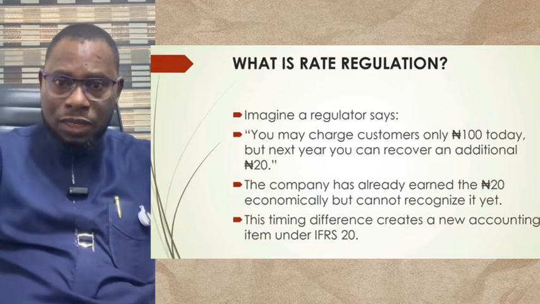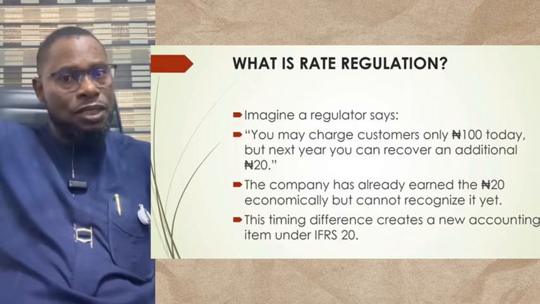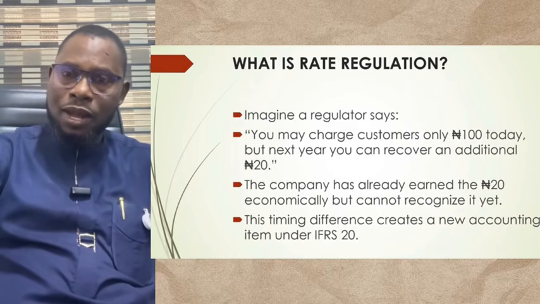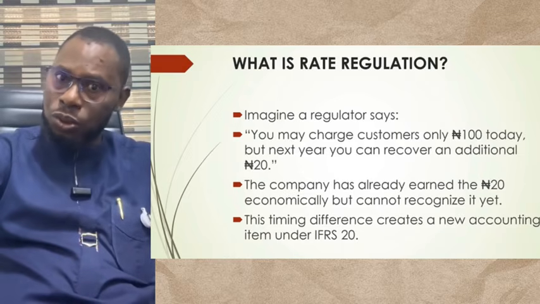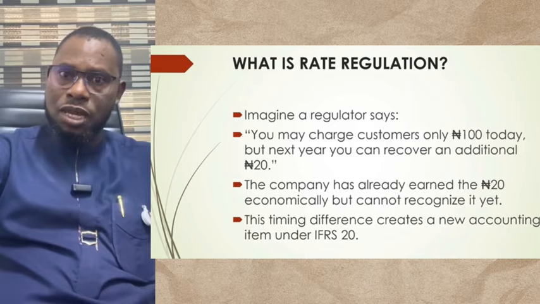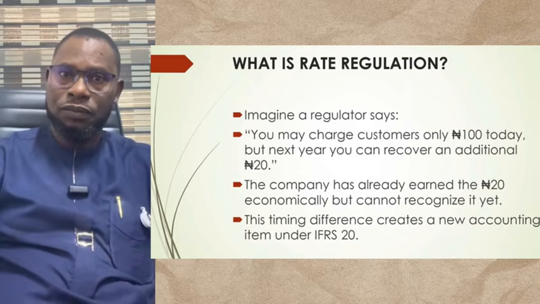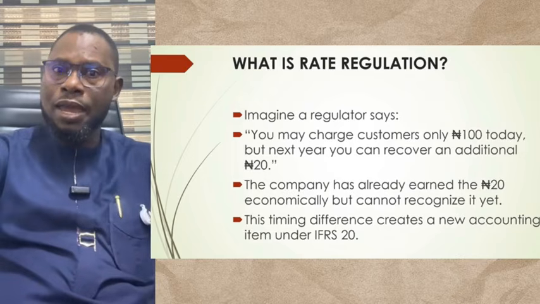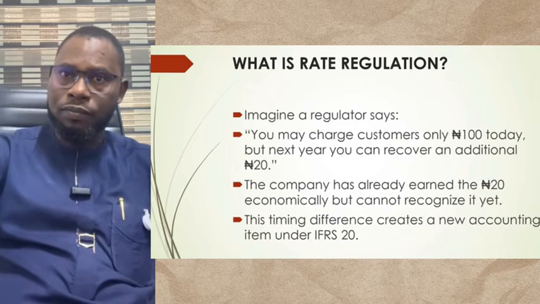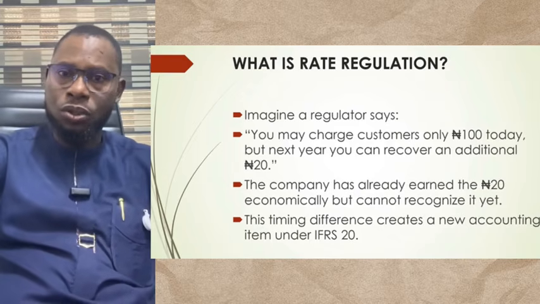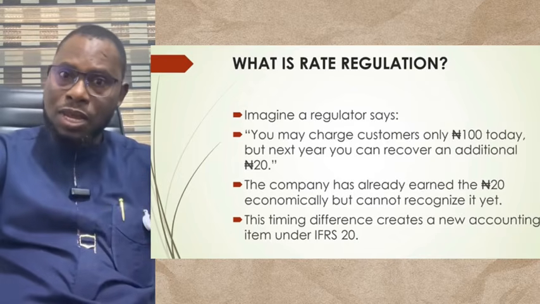You can only collect 100 naira this year, and next year you collect 20 naira. That 20 naira that you earn this year but cannot collect this year brings about what we call a timing difference. So the company has already earned 20 naira economically, but cannot recognize it, because the regulator does not allow you.